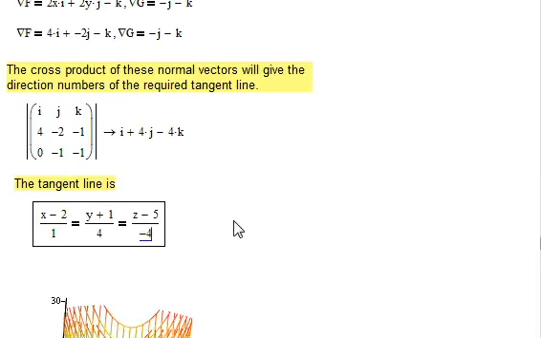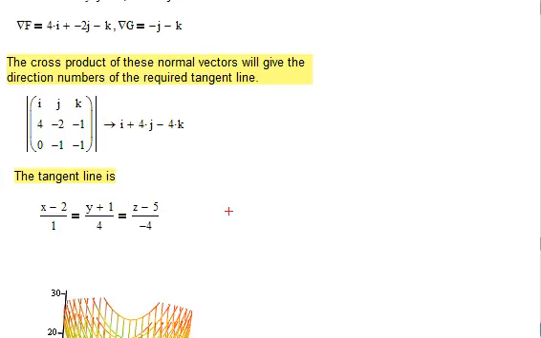I didn't say anything about the parametric form, but that would be something like x equals 2 plus t, y equals 4t minus 1, and z equals -4t plus 5, or 5 minus 4t, something like that.